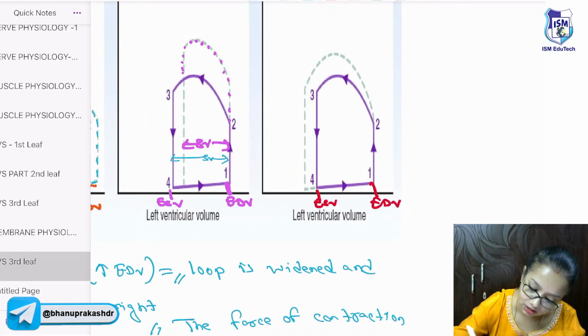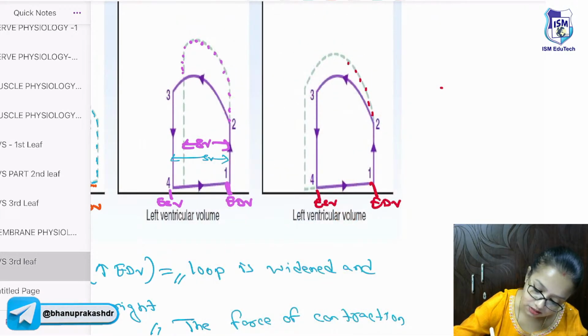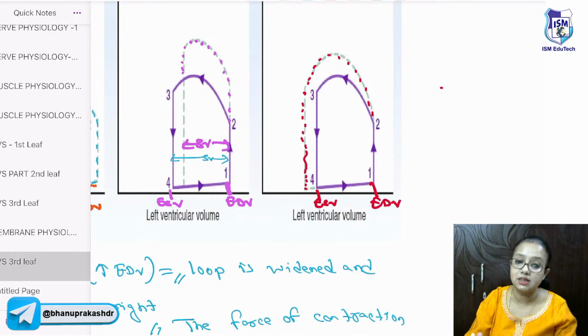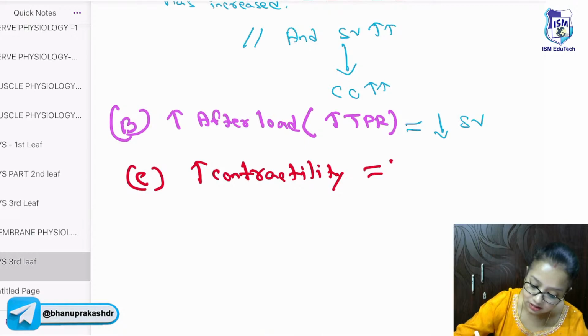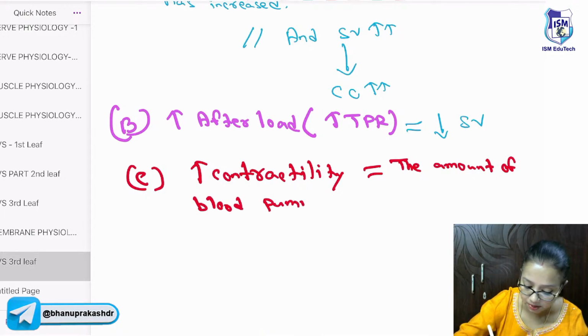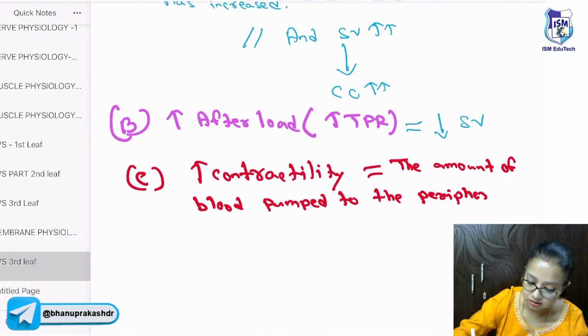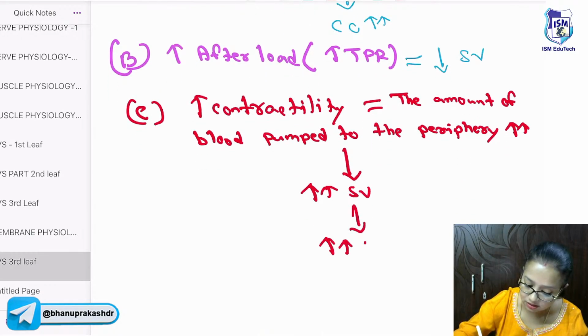The loop has become taller in size, whereas the end systolic volume has decreased. Why? Because with the increase in contractility, the amount of blood pumped to the periphery increases. Thus, increase in the stroke volume leading to increase in the cardiac output.